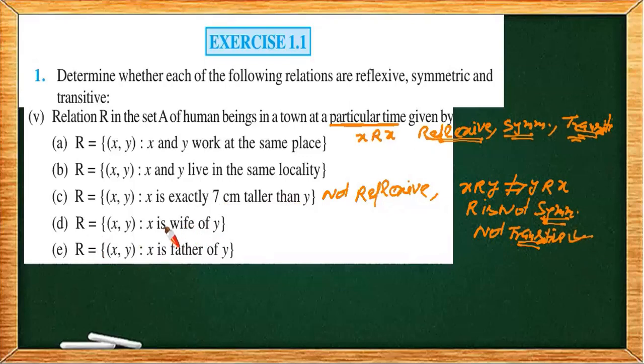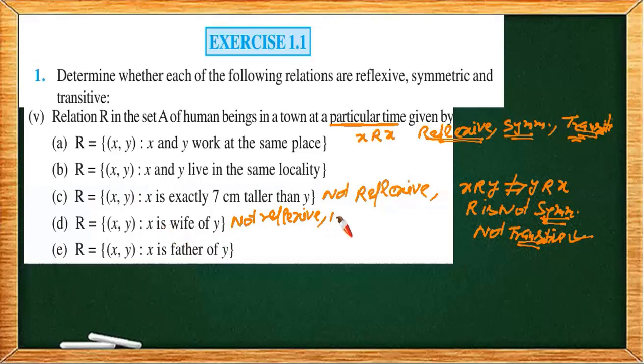D part, x is wife of y, so x cannot be wife of herself, therefore this relation is not reflexive. Now x is wife of y, then y can't be wife of x.